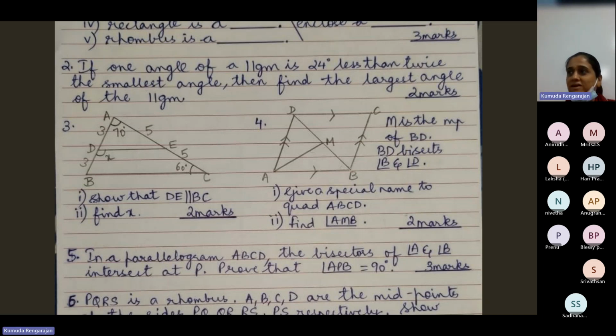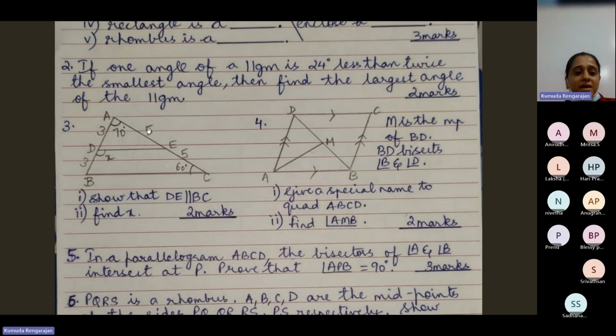Midpoint theorem, very good. Yeah, tell me. Very good. Midpoint theorem, you're right.